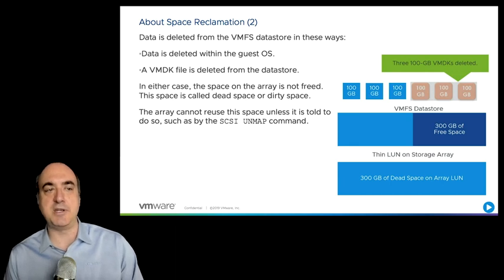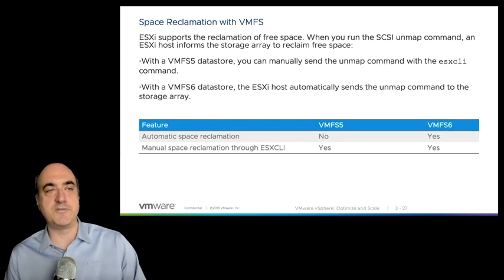Basically what needs to happen is a special system call called a SCSI UNMAP command that needs to be sent from the higher storage level to the lower storage level. That frees up the space for us. Now, the UNMAP command is something that has been supported in VMFS. It just was not automated up until VMFS version 6. So there are different ways to reclaim space in a VMFS environment.